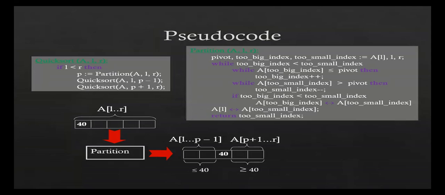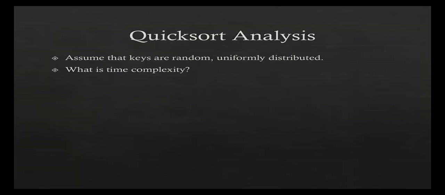So this is the pseudocode for quicksort. I hope you understood how quicksort works. Now we will perform an analysis. That means we will calculate the time complexity and space complexity for quicksort.